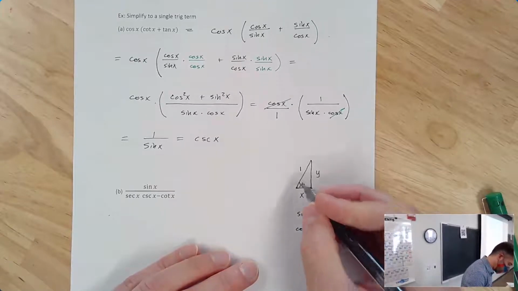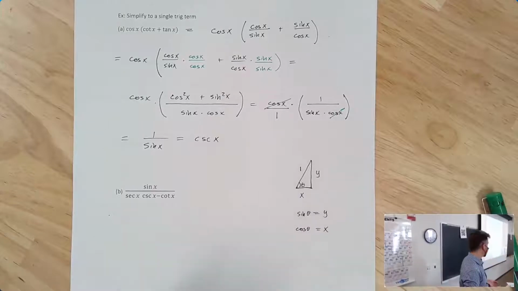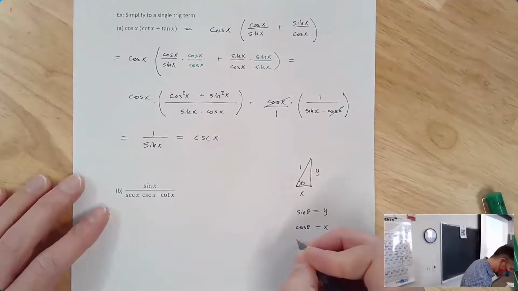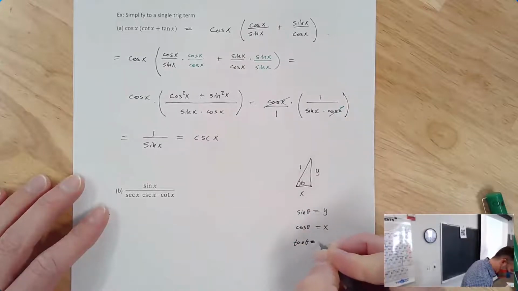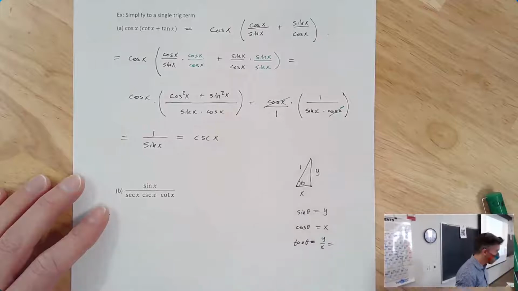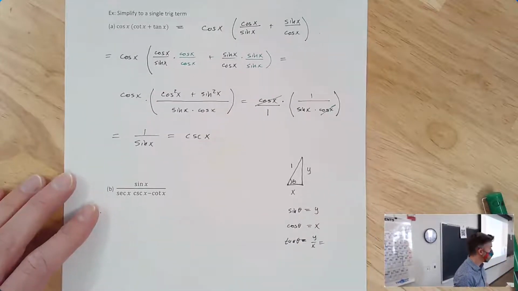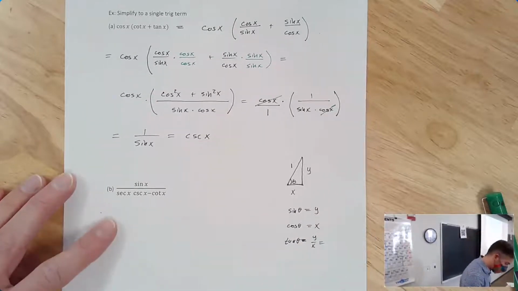Cosine of theta is adjacent over hypotenuse. And what's tangent of theta? Which side over which side? Opposite over adjacent. So tangent of theta is y over x. But look, y over x is exactly sine of theta over cosine of theta.